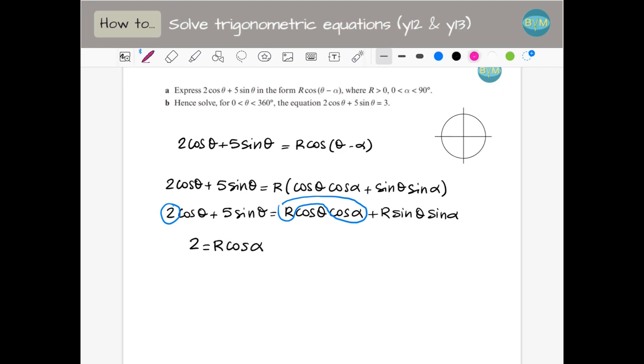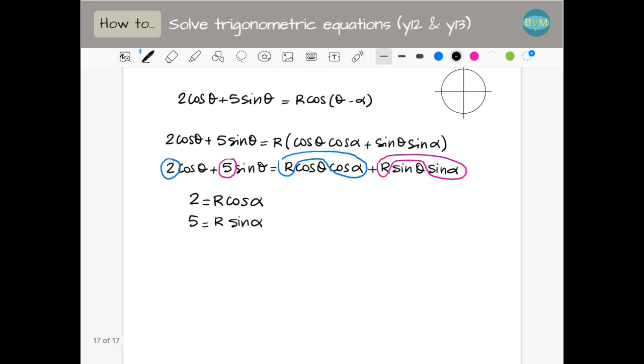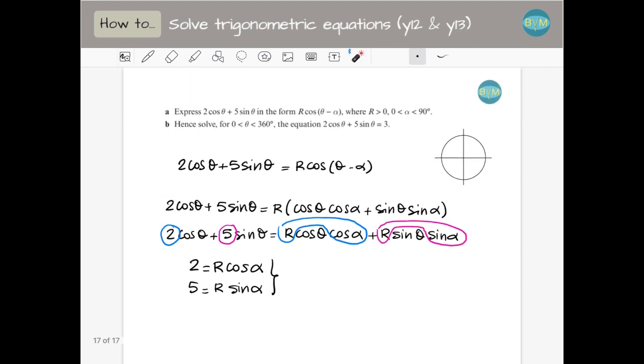And if you compare the coefficient of sine in the same way, I write another equation that says that 5 is r sine alpha. So simultaneous equations, two unknowns, r and alpha, and that's what I need to write my expression in this way.